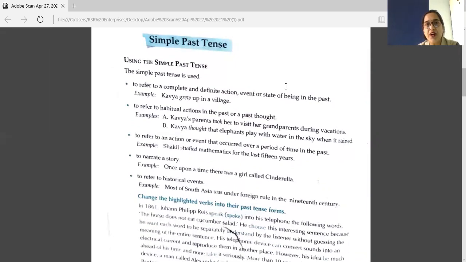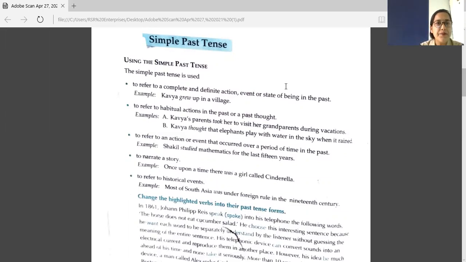So your second form is sang. So we have to use second form of verb in simple past tense. According to the example, sang. You know every verb has three forms, so you have to take second form of verb in simple past tense. So that is the structure of verb in simple past tense.